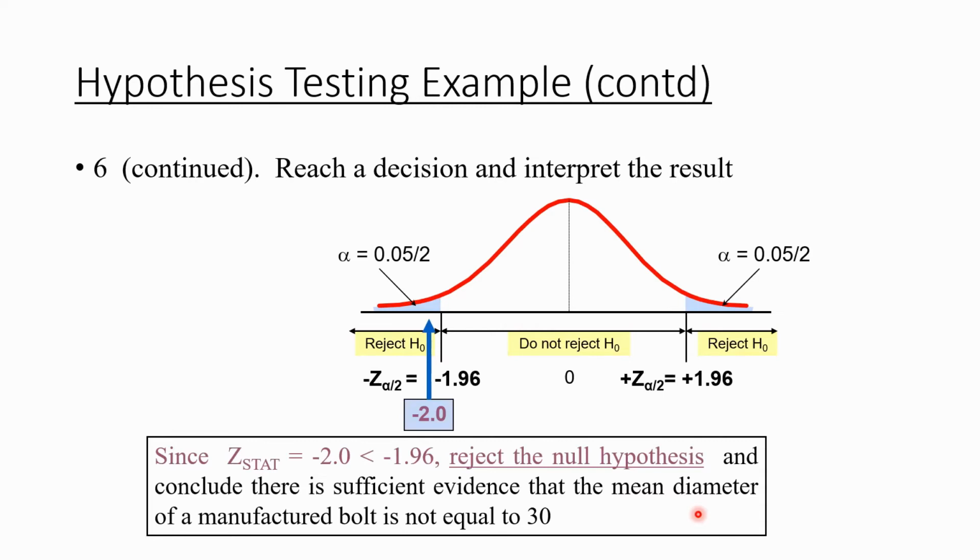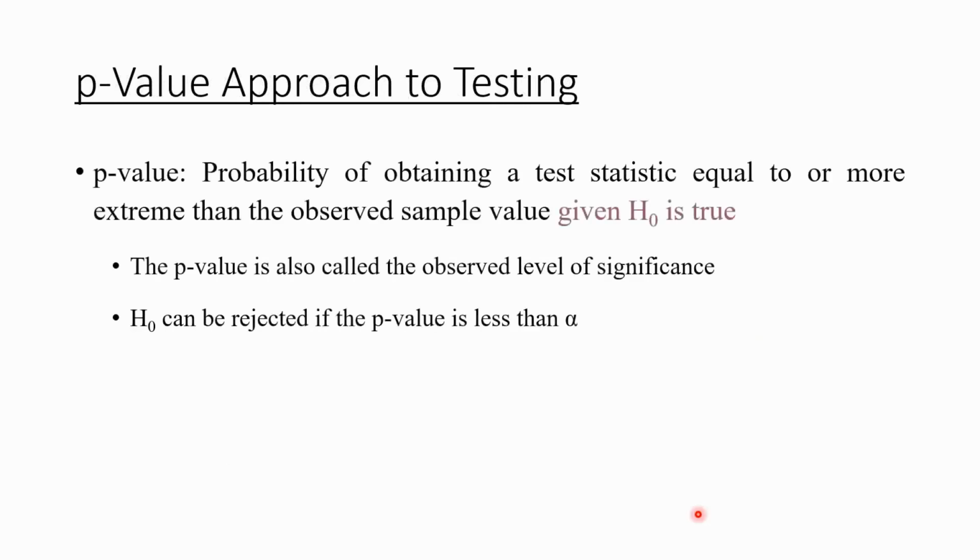So this is one approach for your hypothesis testing, where you use the critical value approach. Now there's another approach called the p-value approach to testing. So what is this? The p-value is basically the probability of obtaining a test statistic equal to or more extreme than the observed sample value, given your H0 is true.